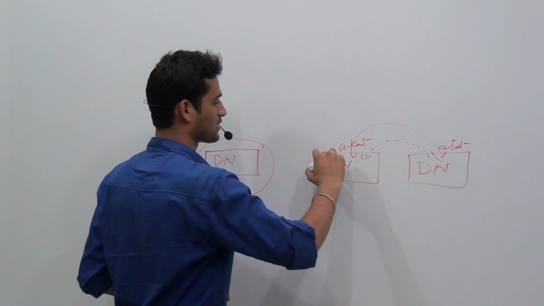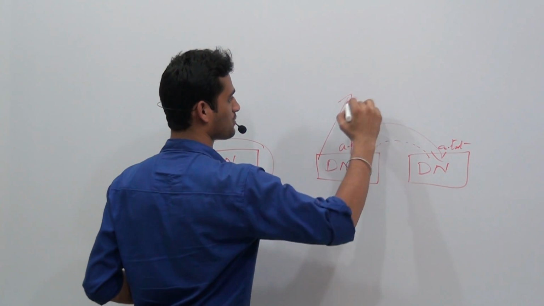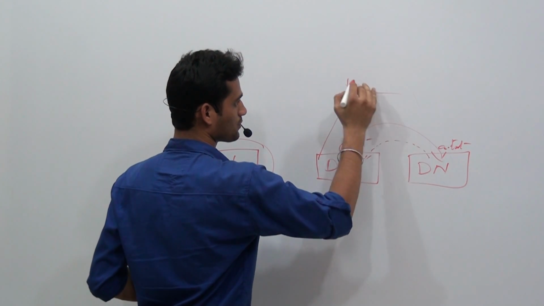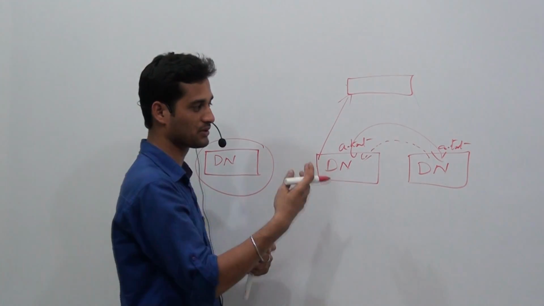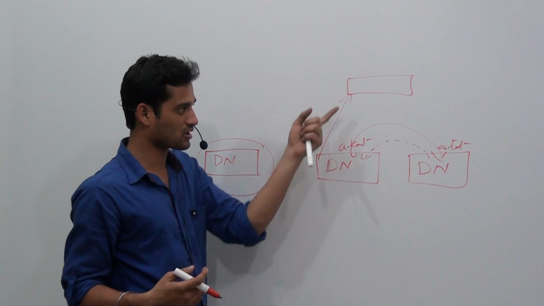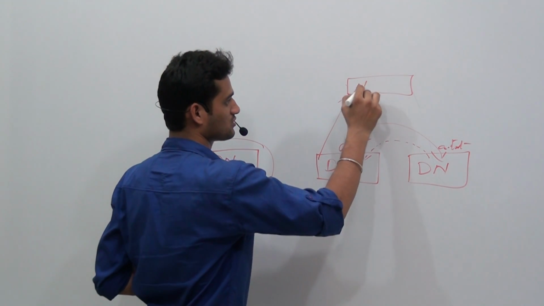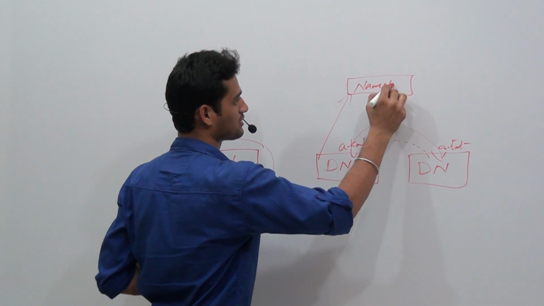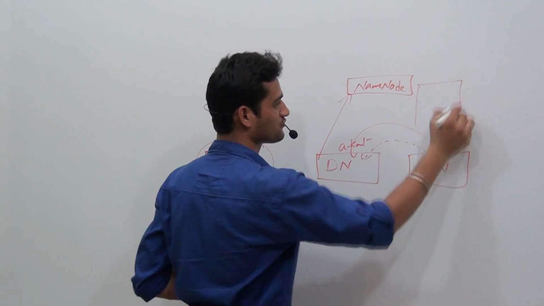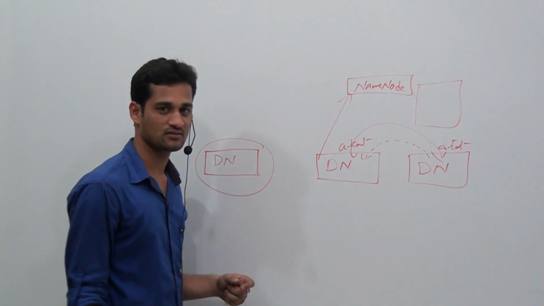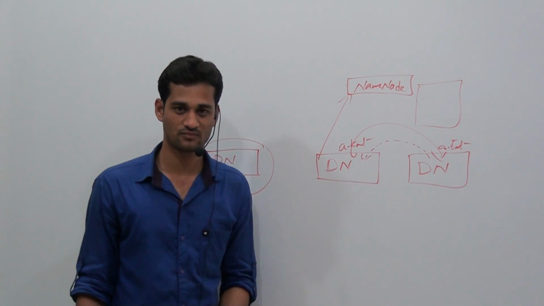Once it is done, the data node again passes a block report periodically back to the name node. So the name node creates the metadata for that newly created block in a different data node.